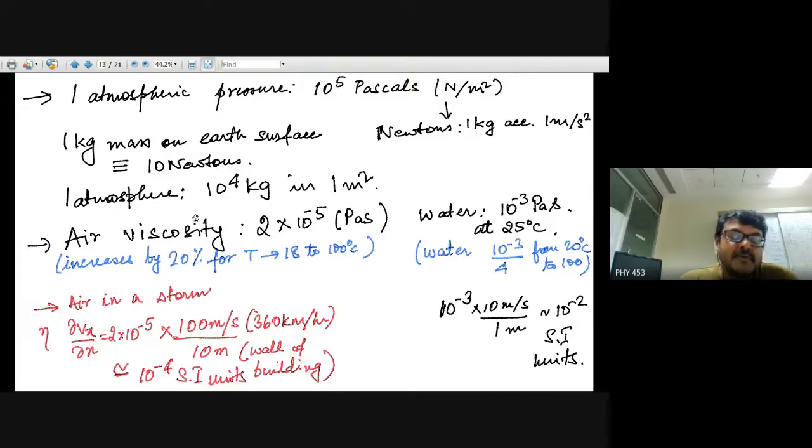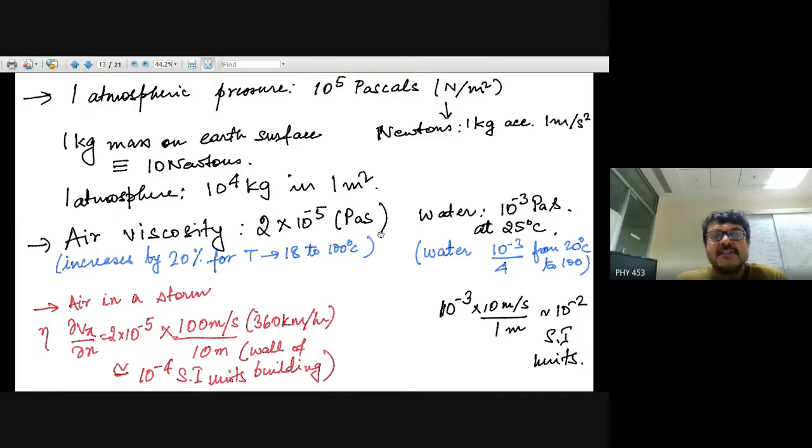We want to compare the value of this pressure with standard shear stresses which we will be experiencing in daily life. For that, I have written down the air viscosity at 20 or 25 degrees centigrade, and that's approximately 2 into 10 to the power minus 5 Pascal second.